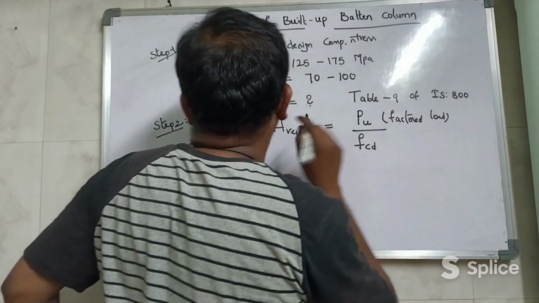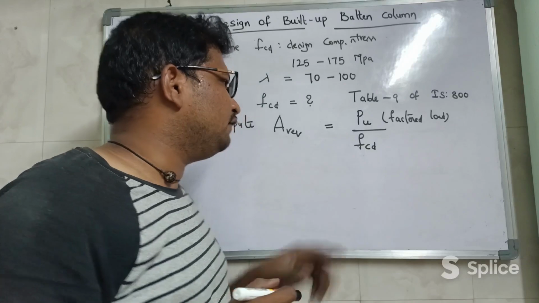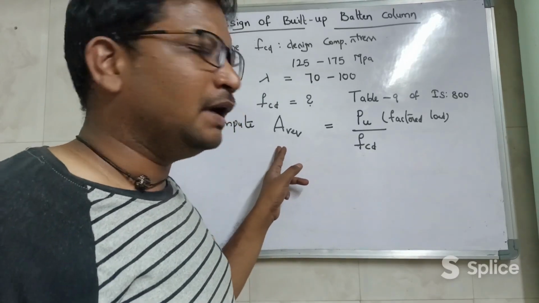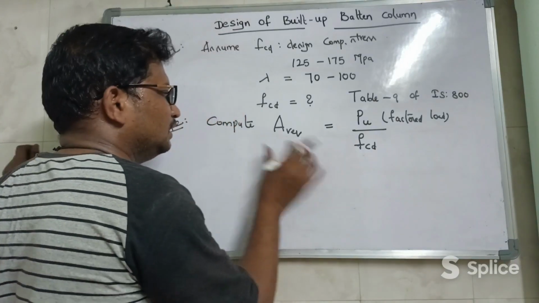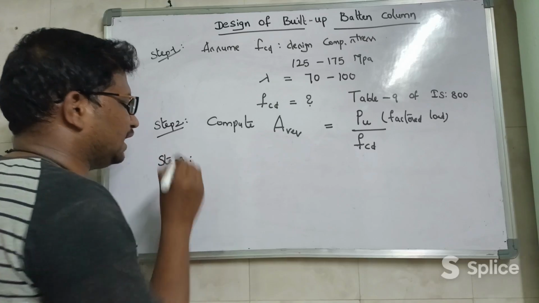We computed FCD in step 1, right? The ratio of PU by FCD will give you the cross-sectional area required of a section.